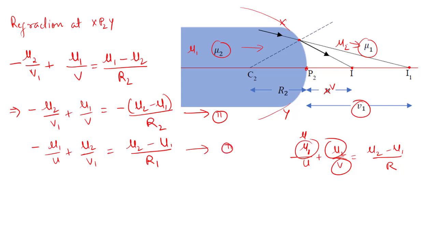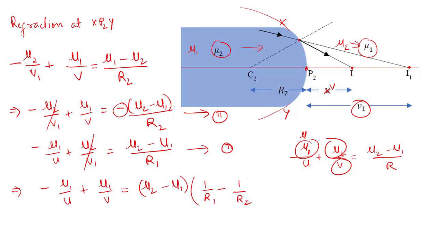If we add these two, minus mu2 by v1 and plus mu2 by v1 cancel. So we can write minus mu1 by u plus mu1 by v is equal to, let's take this as common, mu2 minus mu1. When I take the common, the bracket is necessary, 1 by r1 minus 1 by r2.